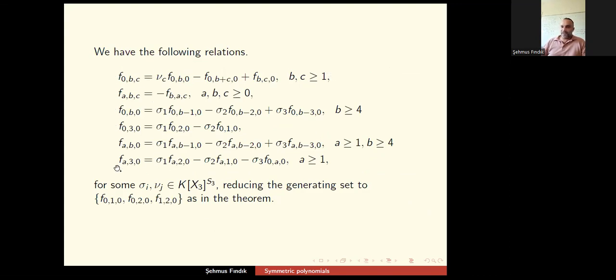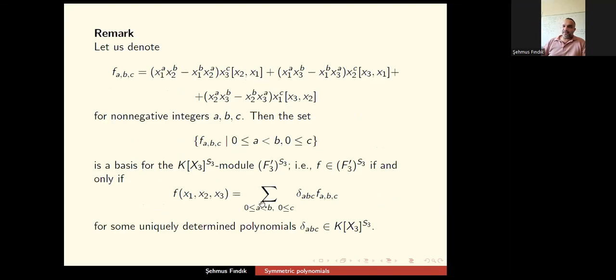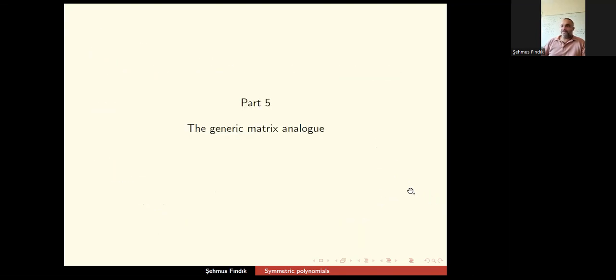By means of these reductions, you can reduce everything in terms of sigma 1, sigma 2, sigma 3, the elementary symmetric polynomials. And V_c means x1 to the power c up to x3 to the power c, and this is also symmetric. So multiplying by symmetric polynomials, everything can be reduced to these 3 elements, which are stated in the theorem here. So this was the main idea here.